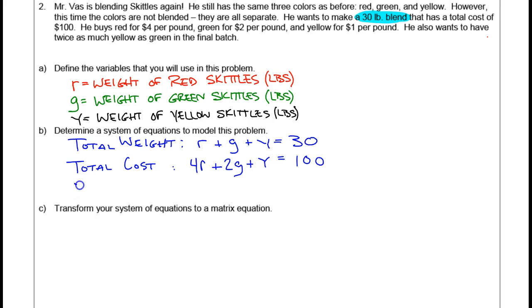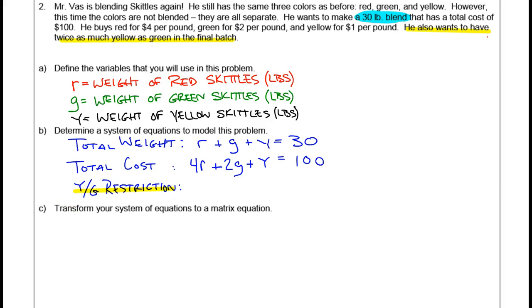The third equation is going to be the toughest for you as the student to come up with, and I'm going to call this the yellow-green restriction. The last sentence of the problem dictates this final equation, so I'm going to highlight it with yellow.